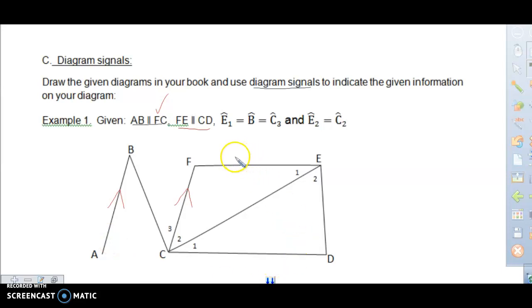So I'm going to say that FE, from F to E, is parallel to side CD, and I put 2 arrows there to show that these 2 sides are parallel and these 2 are parallel. So I'm done now with that one.